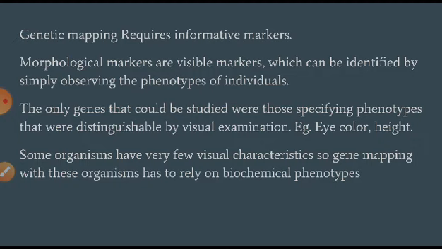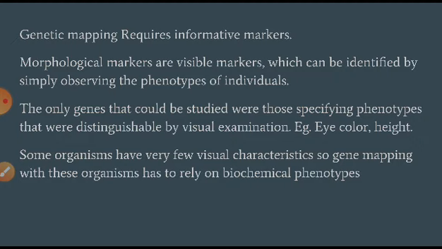Morphological markers are visible markers which can be identified by simply observing the phenotype of individuals. So some markers are called morphological markers, which are physically observable. The only genes that could be studied were those specifying phenotypes that were distinguishable by visual examination. For example, eye color, height.